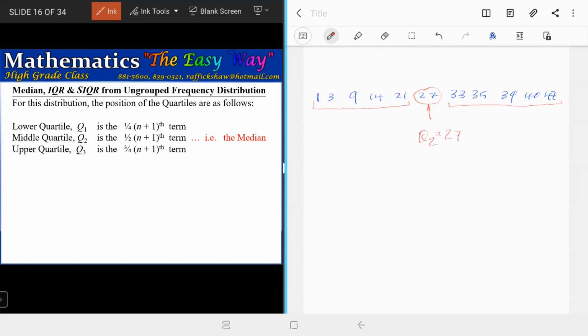And then you have these 5 values down here, so the one in the middle is Q1. And you have 5 values up here, and the one in the middle, 39, is your Q3.